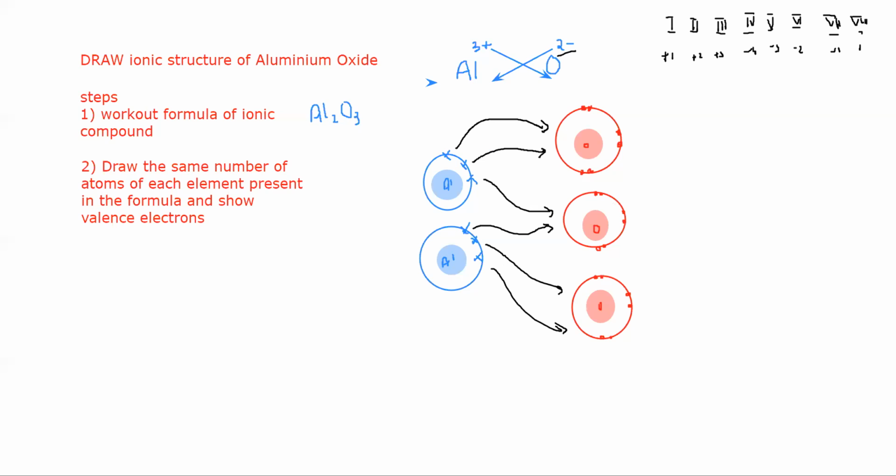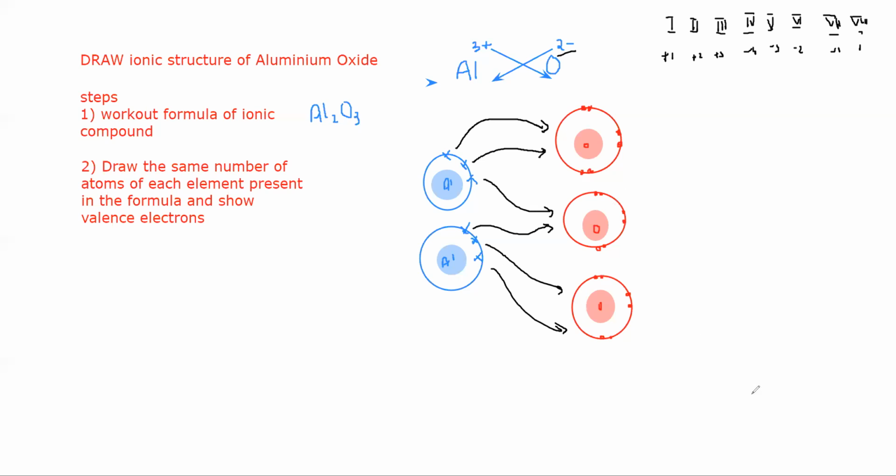The transfer of electrons from aluminium to oxygen: each oxygen requires 2 electrons to be stable, so it is taking from aluminium. But aluminium has 3 electrons, so 2 of them are given to one atom and the remaining 1 is given to another one.